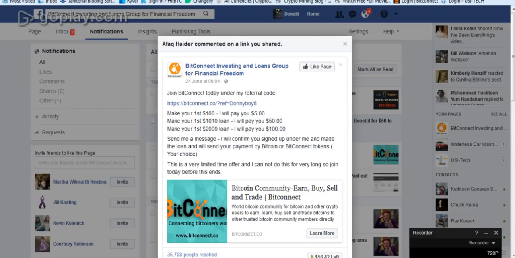Or I will pay you in Bitcoin. Like I said, I will pay you immediately. As soon as I confirm that you made the loan and it's there and you're under my team, I will pay you. So take the little sting out of it. Immediately you'll be getting a payment, and then 24 hours later your interest will start. So there's really not much reason not to do this.